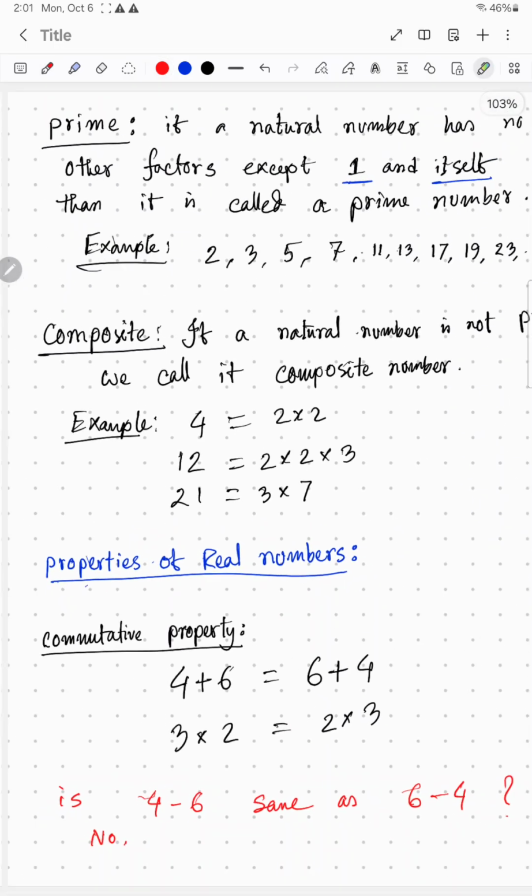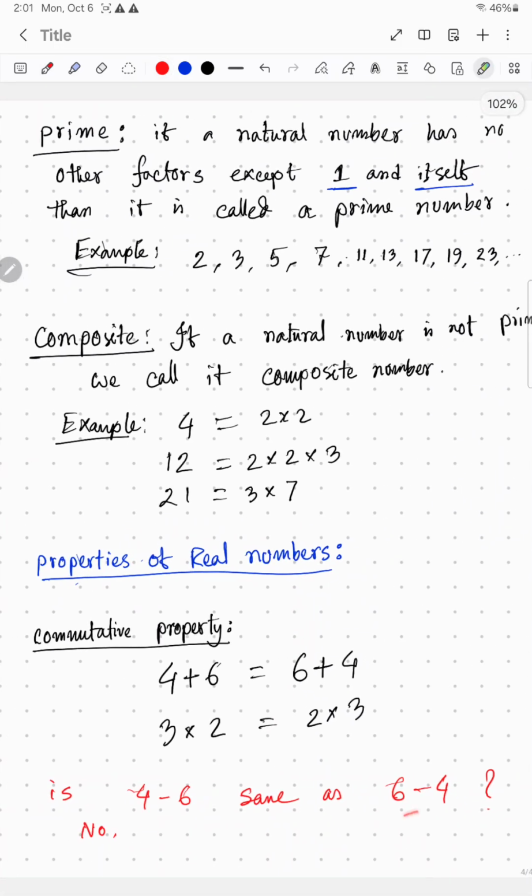You get here 2, and here you get negative 2. All right, so in both cases they are not same, so we say no, the subtraction is not commutative. Similarly, you can also check the same example with division. So subtraction and division are not commutative.